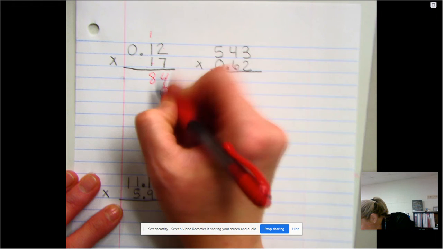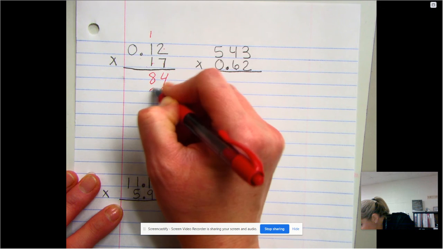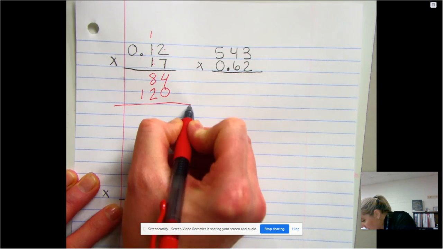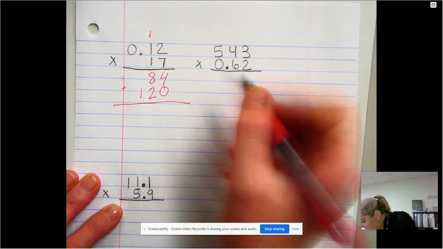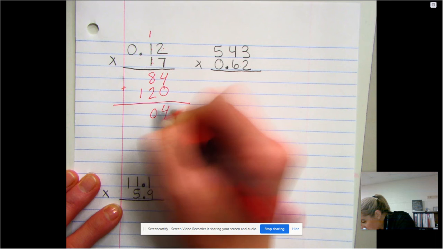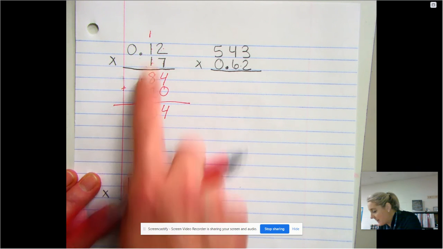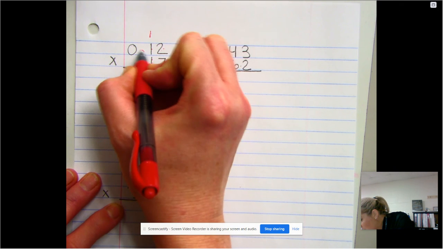1 times 2 is 2. 1 times 1 is 1. I'm going to add these together just like normal. 4, 10. And as you see, I have an answer, 204. Wow, that's really not the answer because I was actually multiplying by a decimal. What I do is look to see how many decimals I have. How many do I have? 1.